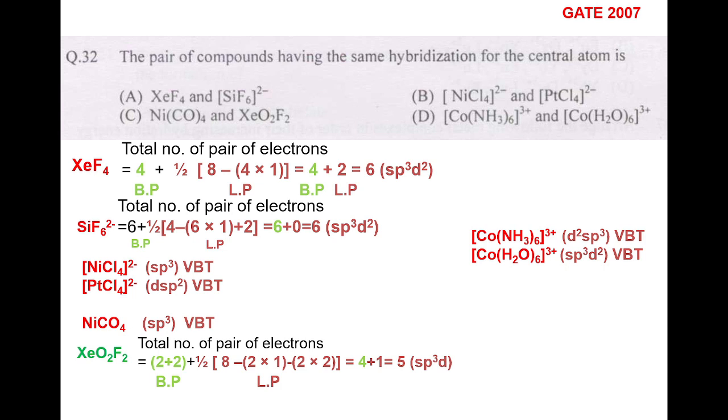If 3, that is sp2. If 4, that is sp3. If 5, then that is sp3d. If 6, sp3d2, like this.